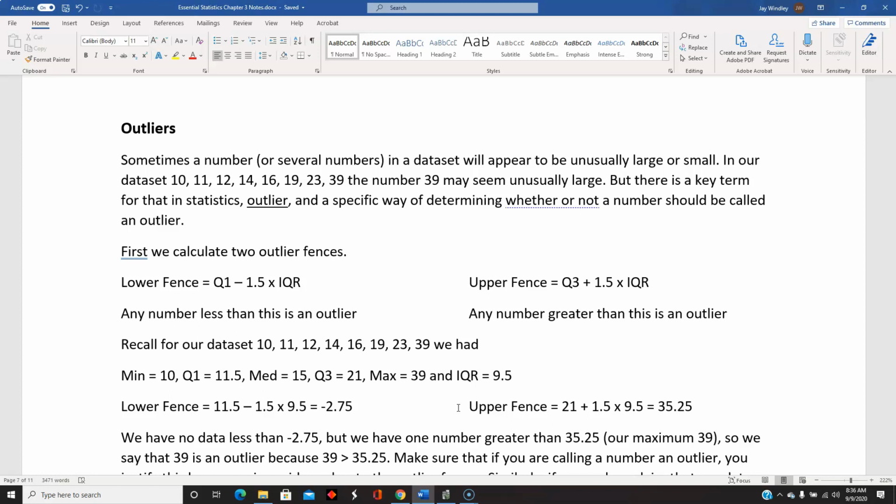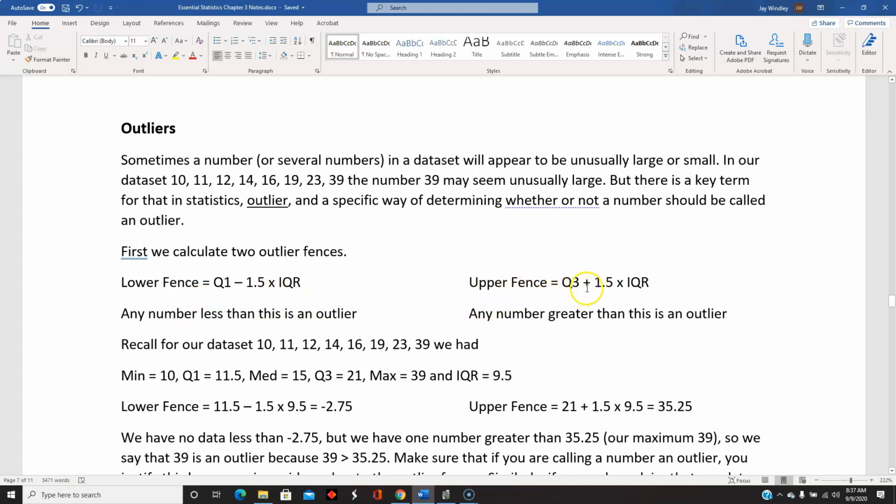There's a specific statistical terminology, which is called outlier, to describe unusual points, and the point has to meet certain calculations in order to be called an outlier. So the first thing you do is you calculate 2 outlier fences, and they're calculated in a similar way. The lower outlier fence is quartile 1 minus 1.5 times the IQR. Any number smaller than that will be an outlier.